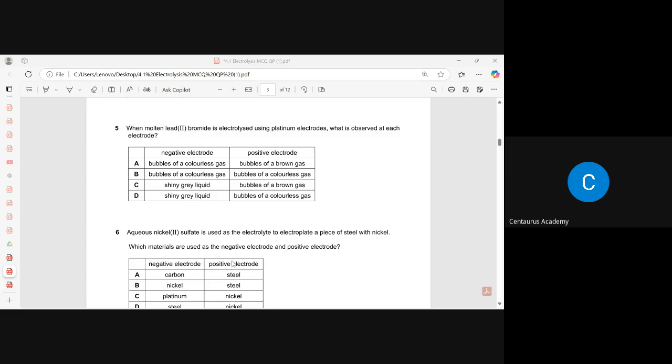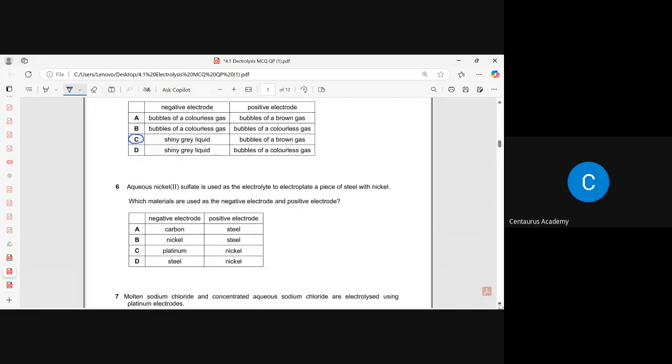Yes, good. C is the right answer here. Bromine gas will be deposited as it has a distinctive brown color, and bubbles of brown gas will be observed, and lead appears shiny gray in color. So this option C is going to be the right one here.